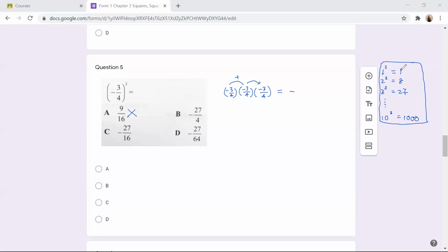Unlike the perfect square table, where we memorize 1 squared all the way until 20 squared, for this one up to 10 cube will do. So 3 cube is 27 and 4 cube is 64. Build your cubic table and memorize it. It's very, very important. So 27 over 64, the answer is D.